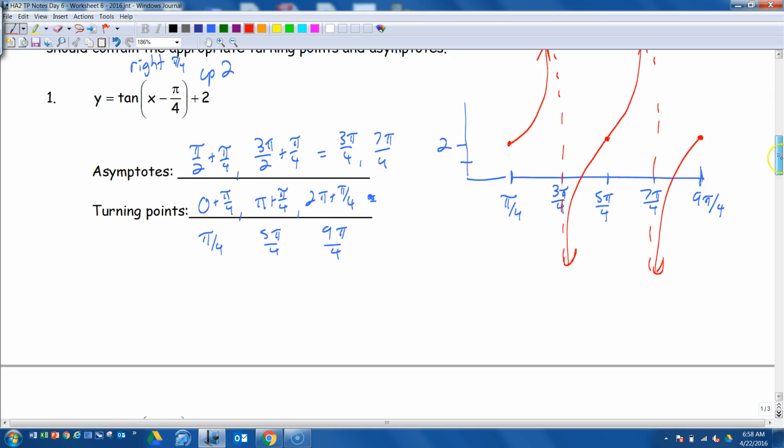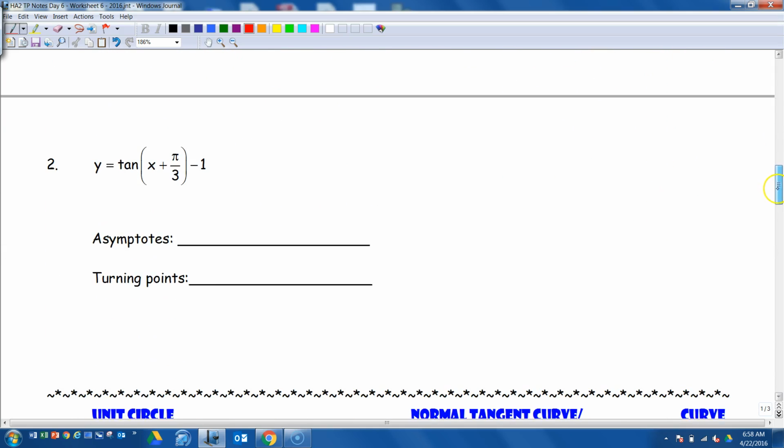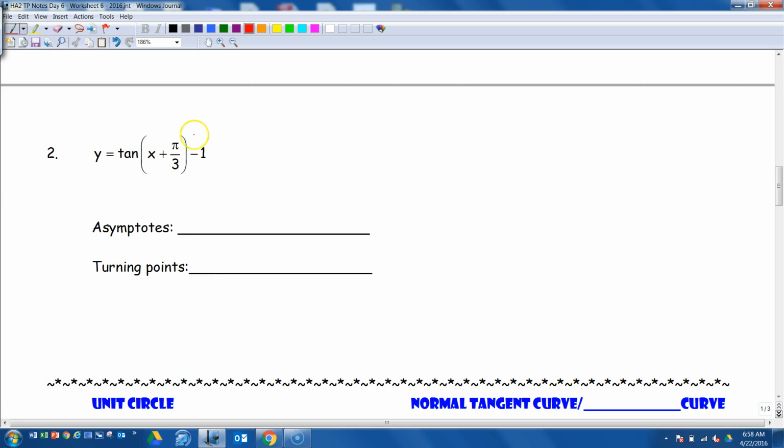Let's do one more. Again, our asymptotes are normally, well, let's figure out what's going to happen. This is going to go down 1, and this is going to go left pi over 3. So we're going to subtract pi over 3 from all of these points. So that means I have pi over 2 minus pi over 3, and 3 pi over 2 minus pi over 3. For the turning points, I have 0 minus pi over 3, pi minus pi over 3, and 2 pi minus pi over 3.